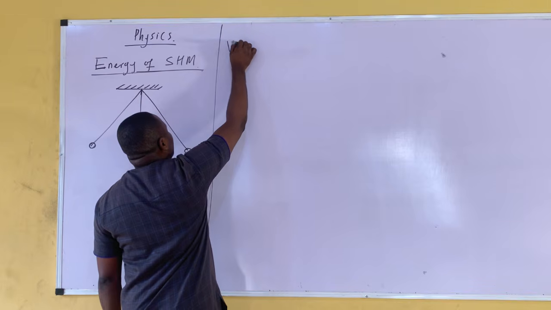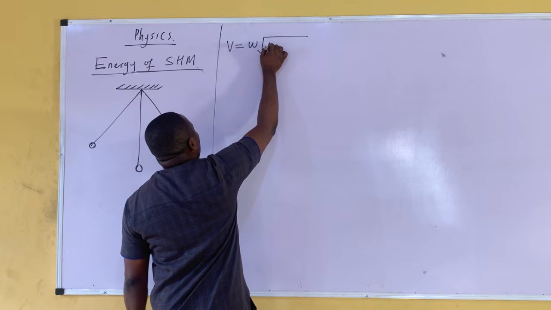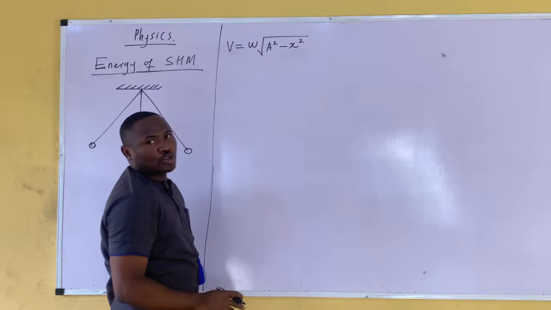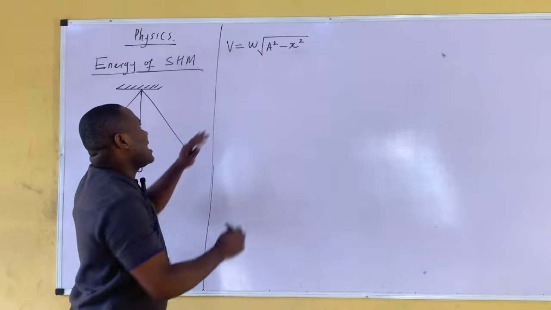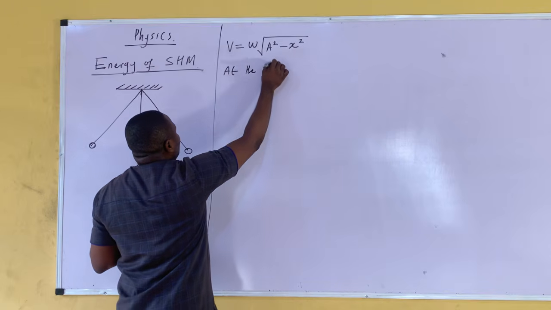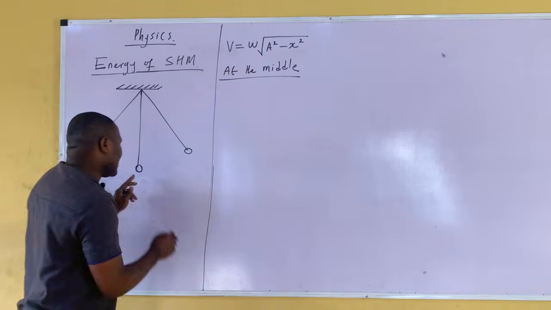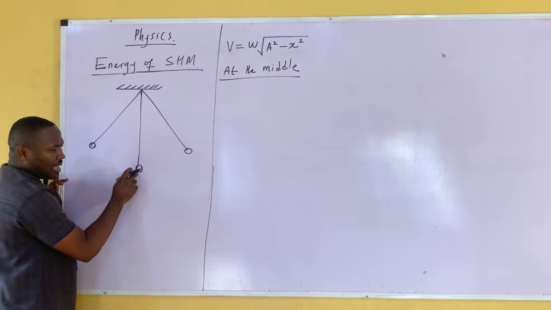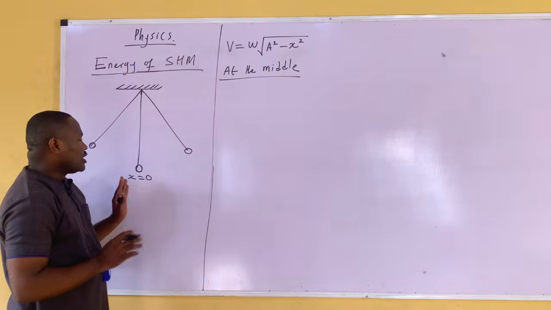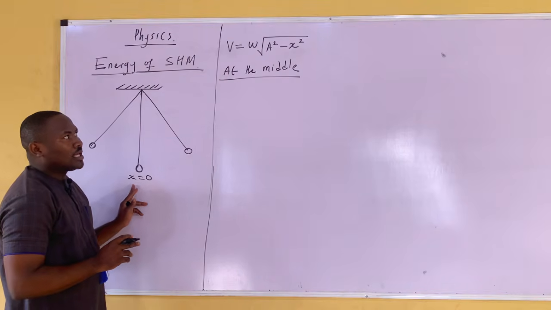Recall, we have v equals w square root of A square minus x square. We just proved that not quite long. Now, at the middle, look at what I want to do at the middle. That's at this point. Remember, at this point, x is equal to 0 because there is no displacement. That's the equilibrium point, x equals 0.